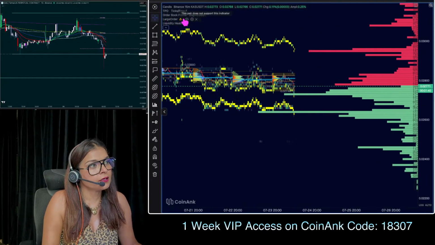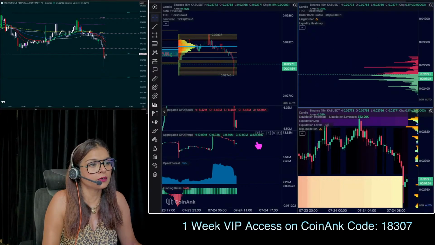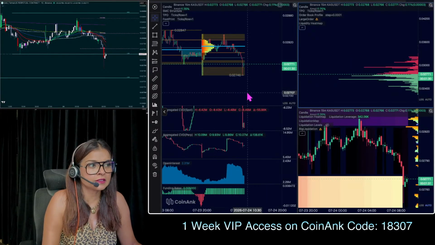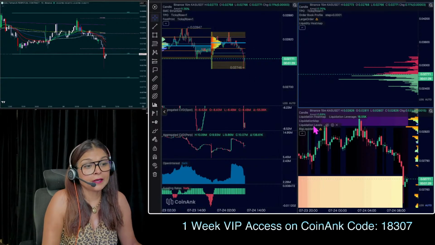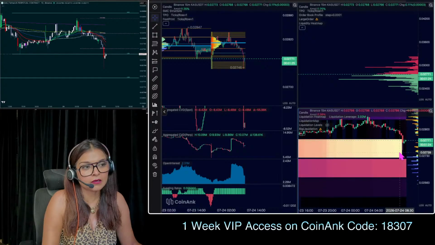Now let's look at, oh yeah, we don't have large orders on CAS, which is too bad. For some new coins and tokens we cannot see large limit orders, which I love to see. So obviously in this large liquidation area, this is your stopping volume candle here.